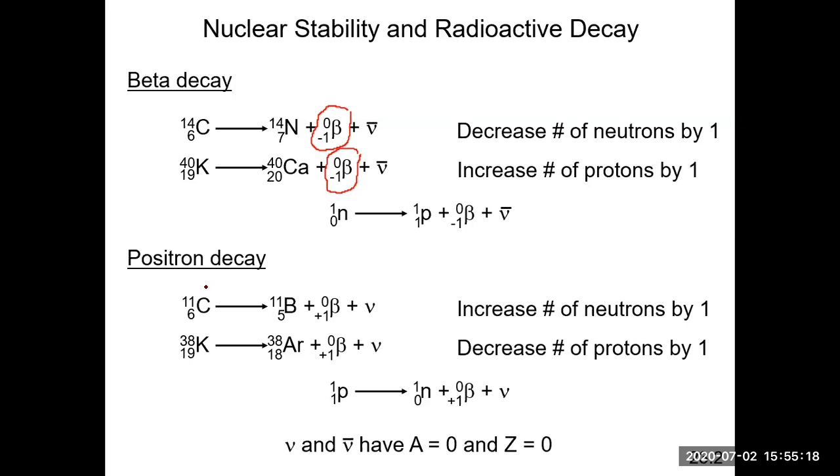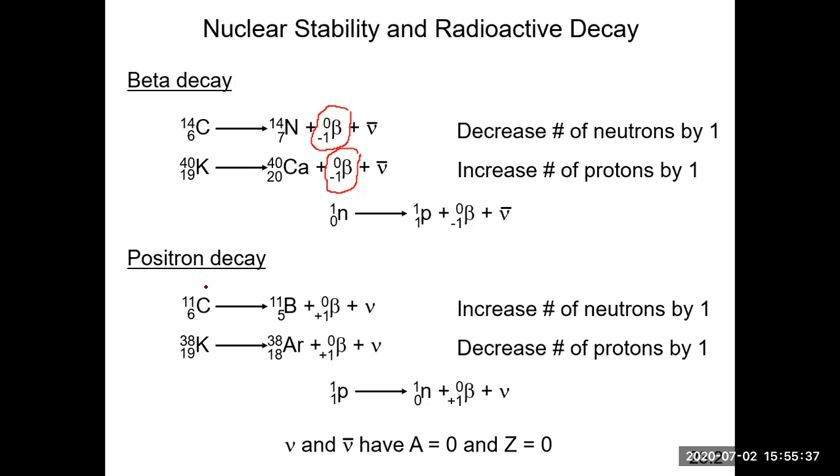If we look at the atomic number, we're actually increasing it, because 7 and minus 1 is 6, so you actually have to go up in terms of the atomic number here. 14 and 14 on each side, 14, 0 is 0.